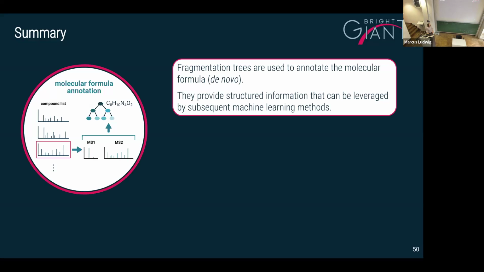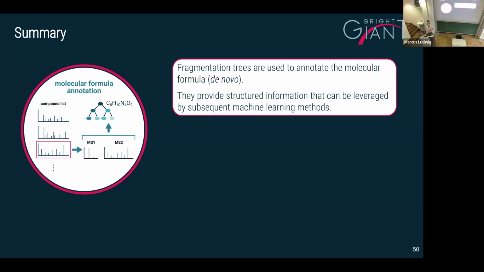Okay, so to sum this introduction up, the first step for compound annotation is always molecular formula annotation. And we use the fragmentation trees to do so. The nice thing is at this stage, we can do the annotation completely de novo.